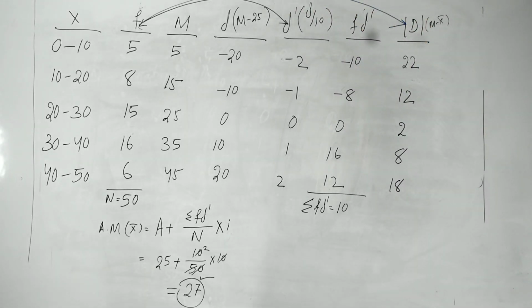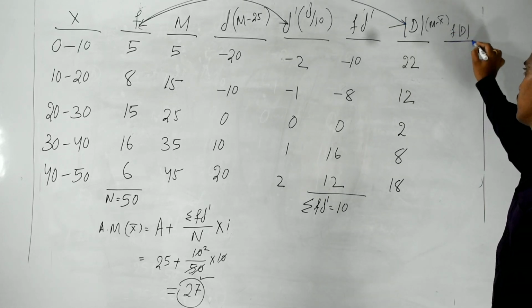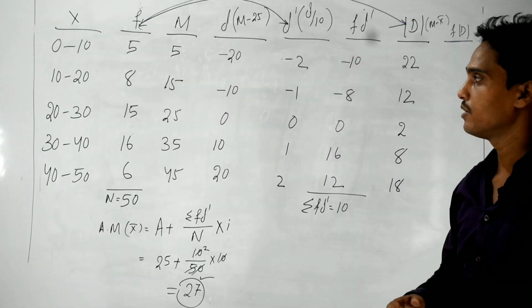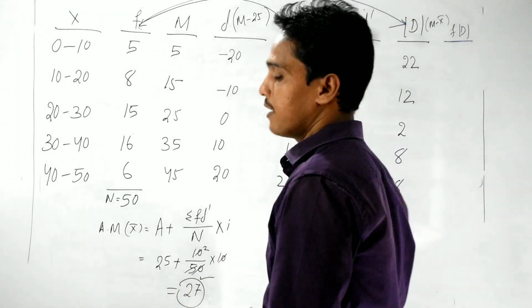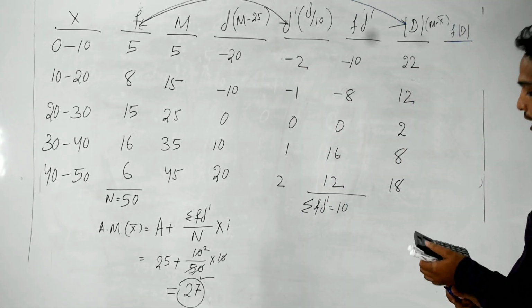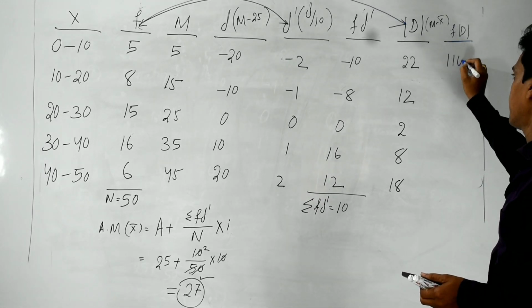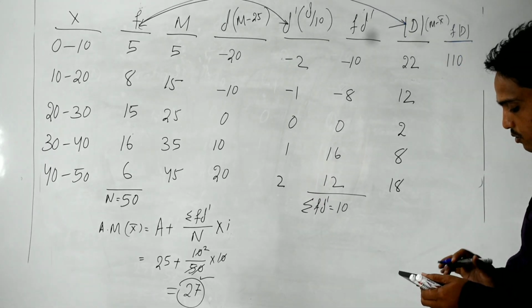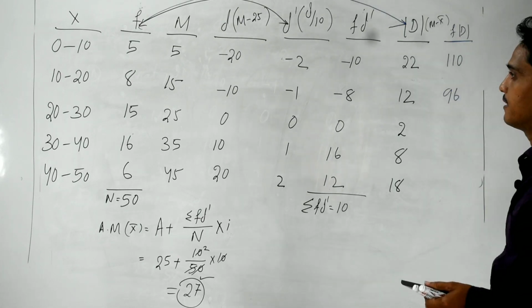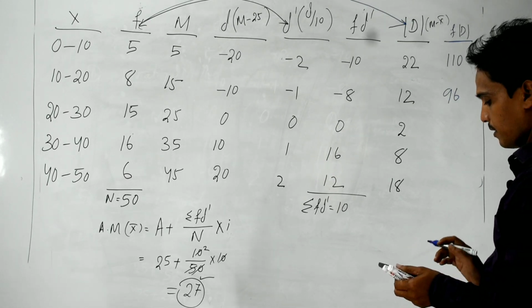That is 5 into 22 equals 110, then 8 into 12 equals 96, then 15 into 2 equals 30.